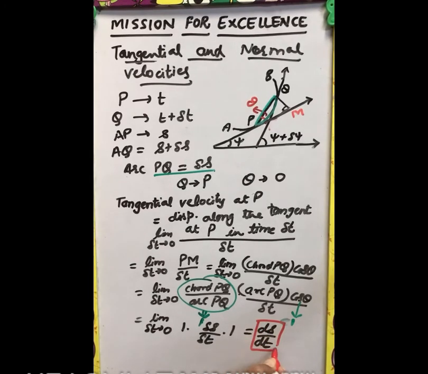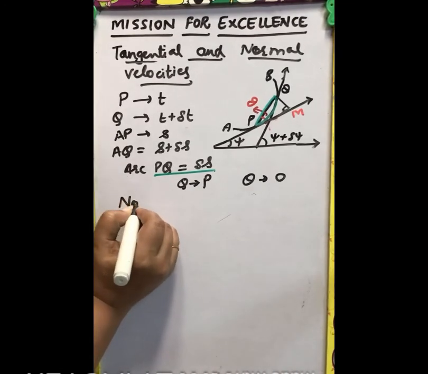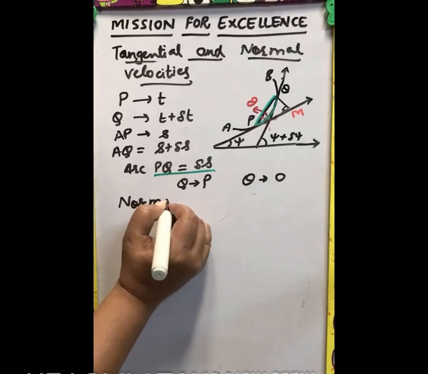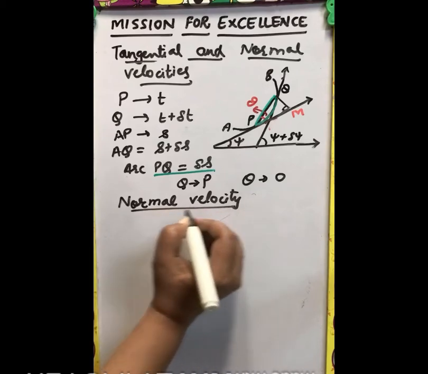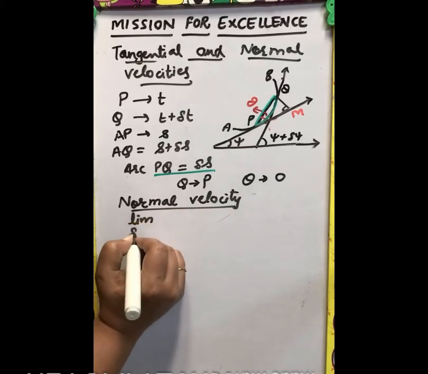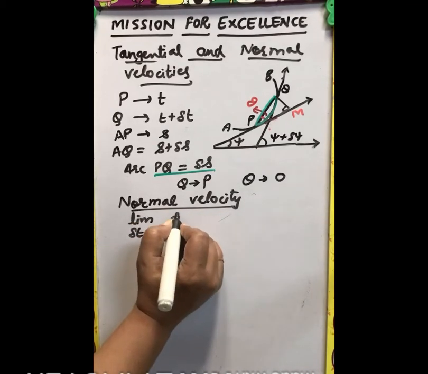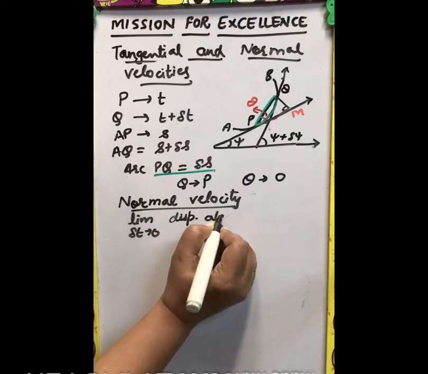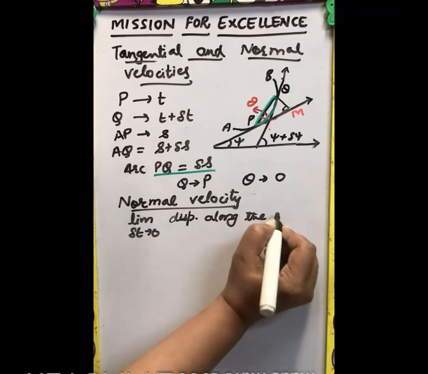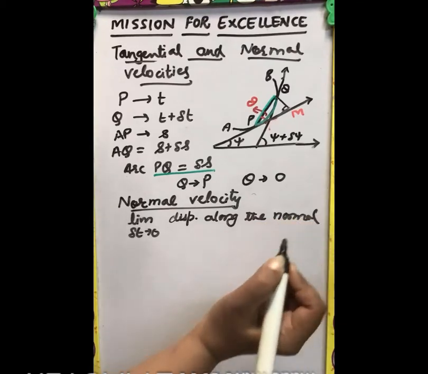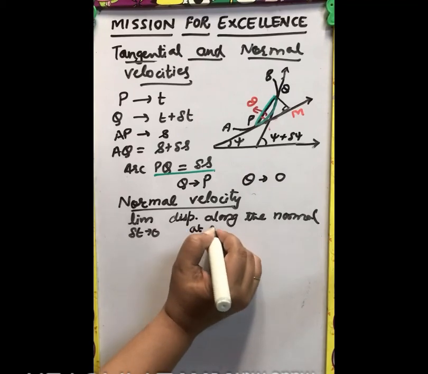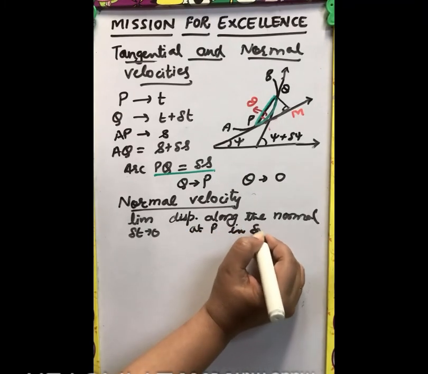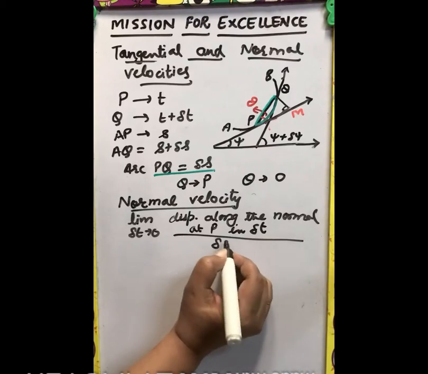So now let us do normal velocity. Normal velocity is the limit delta t tends to 0 of the displacement along the normal at point P in time delta t, divided by delta t.